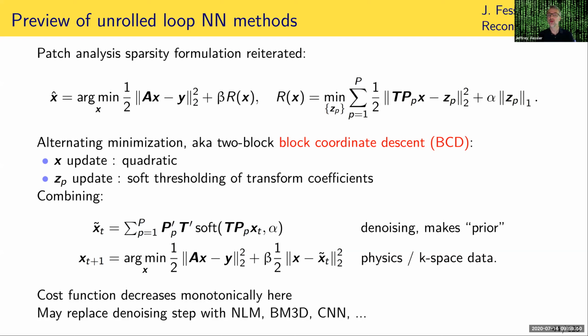Okay, so just a preview of where we're going with the neural network methods. Again, the same cost function here. I mentioned that when we do the Z update, we can put all the Z updates together to form this intermediate image. So we've got our current image, we apply the Z updates, and that turns out to involve some soft thresholding. So you're basically taking patches out of your current image, taking their transform, applying a soft threshold to that transform, undoing your transform, and then putting those patches back together in an image.